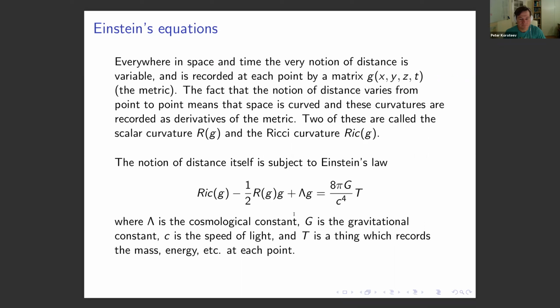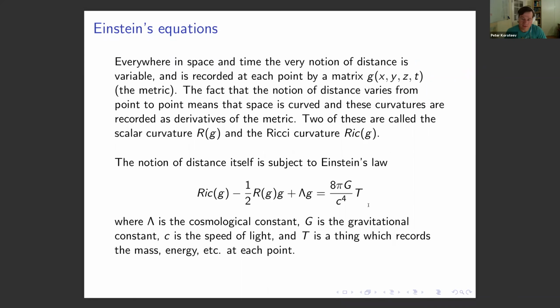So there's some expression which depends on the metric on the left, and on the right you have the stress energy or energy momentum tensor T, which records all the information about masses, energies, etc., and where they are at each point.